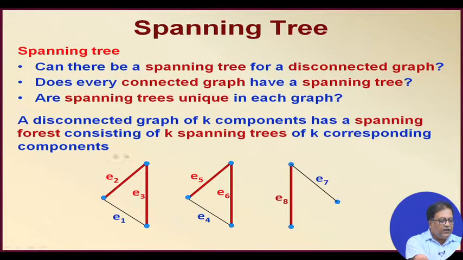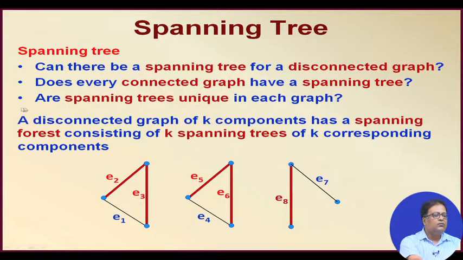Now if I take this as a connected graph, we can draw a spanning tree. Similarly, if I take this as a connected graph, we can draw another spanning tree, and this one is another connected graph that has a spanning tree. So for the entire graph we do not have a spanning tree, we have what is known as a spanning forest.